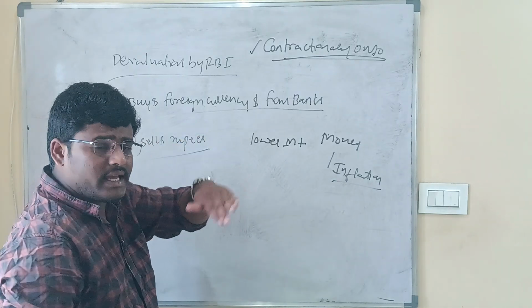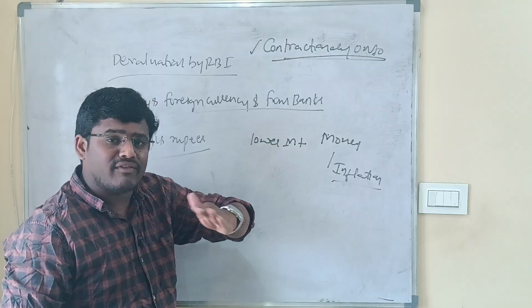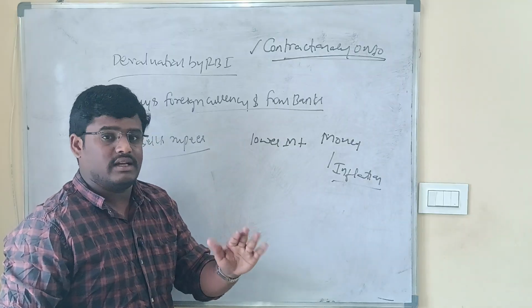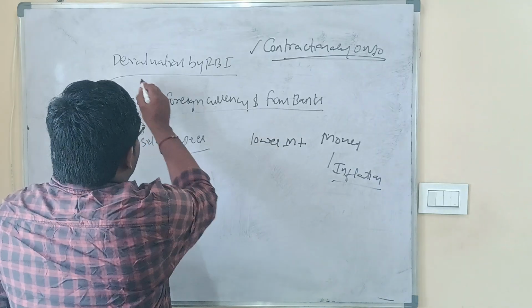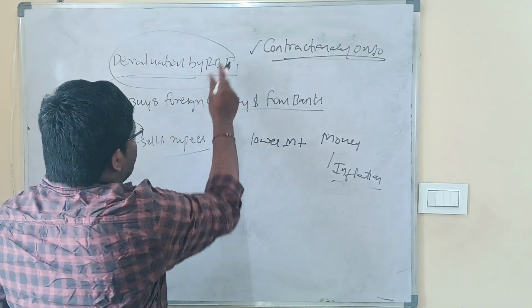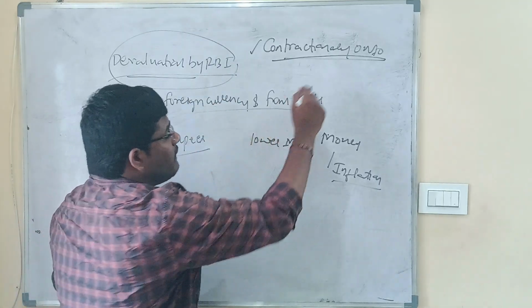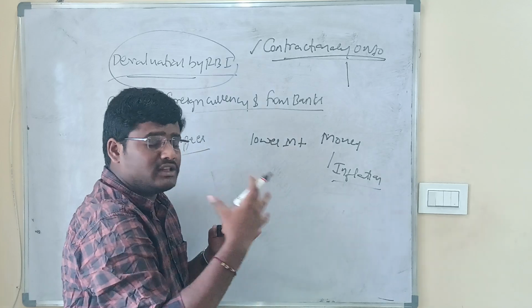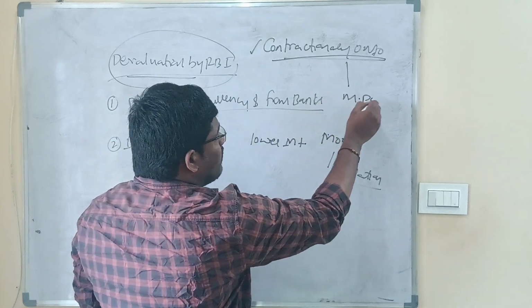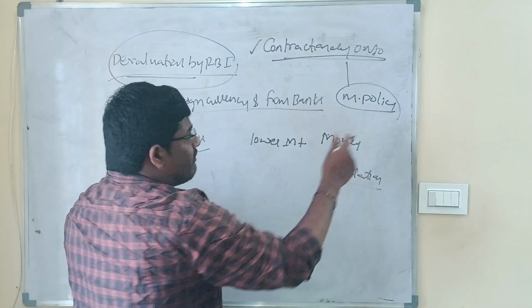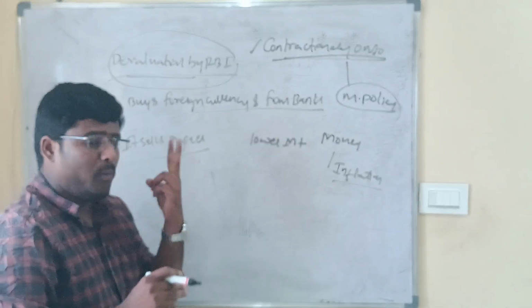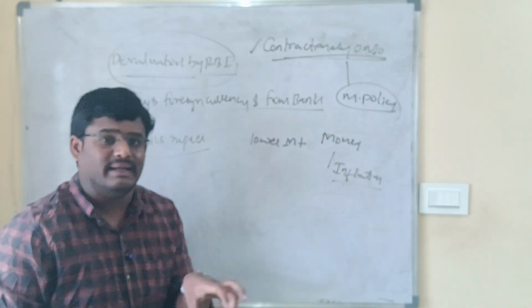Now in this case, RBI is performing two roles simultaneously. One as an exchange rate manager where it is doing the devaluation, and at the same time it is also performing the role of monetary policy manager. So it is using two policies simultaneously.